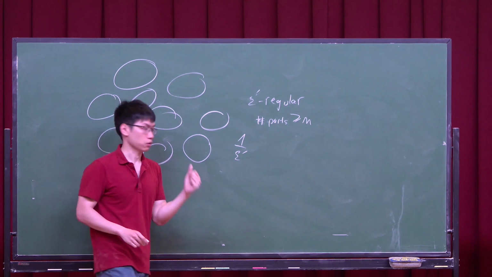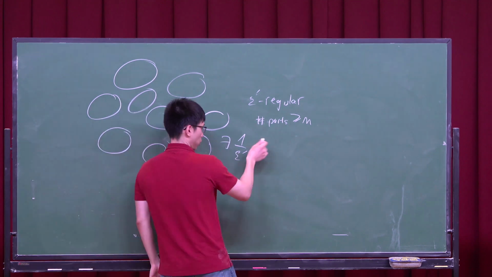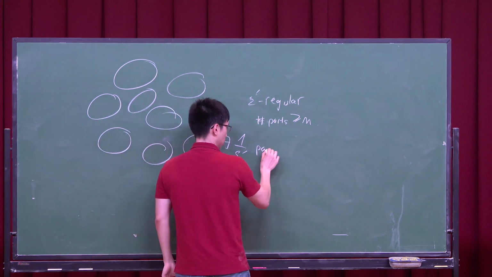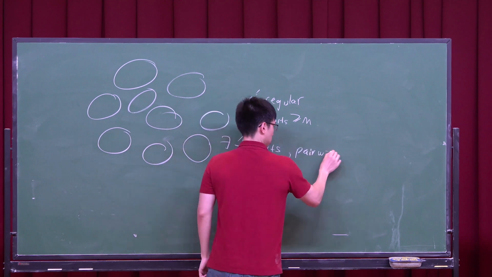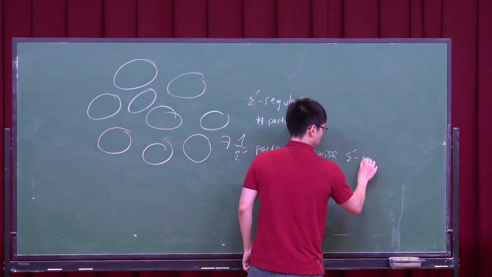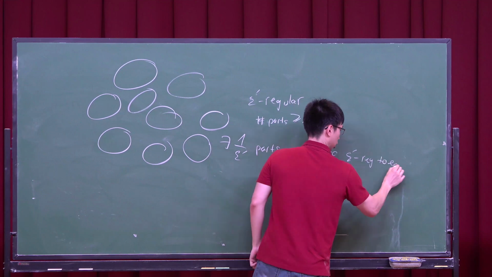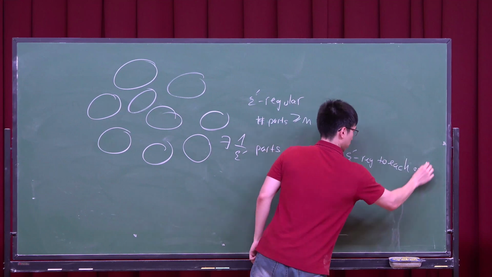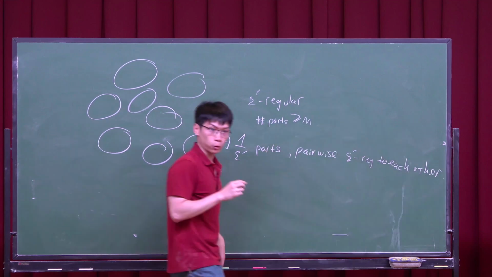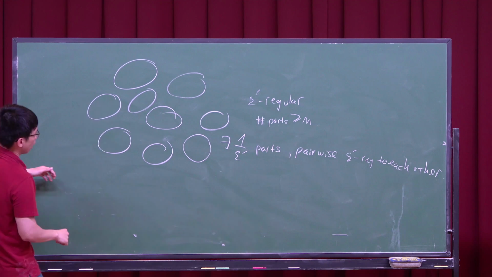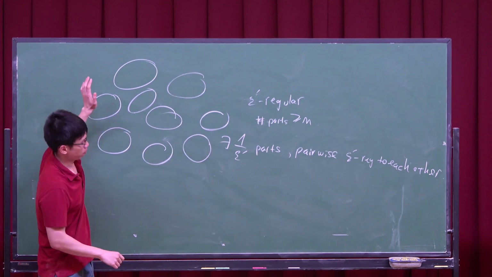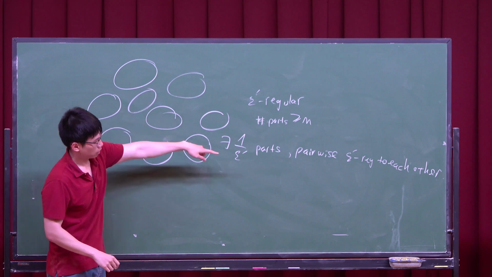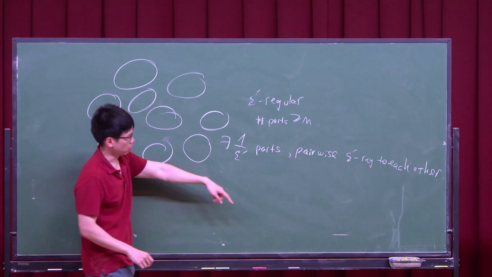So there exist 1 over epsilon prime parts pairwise epsilon prime regular to each other. Okay. Now let me assume that these are the 1 over epsilon prime parts that are epsilon prime regular to each other.